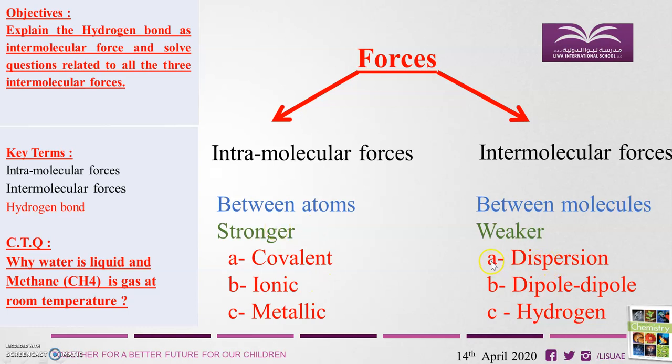Another thing we have to know is that dispersion force, dipole-dipole force, and hydrogen bond are classified from weakest to strongest. So the dispersion force is the weakest among all, then dipole-dipole force, then hydrogen bond is the strongest, and this is the one that I will explain in detail today.